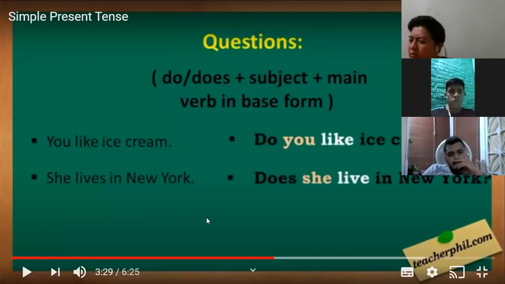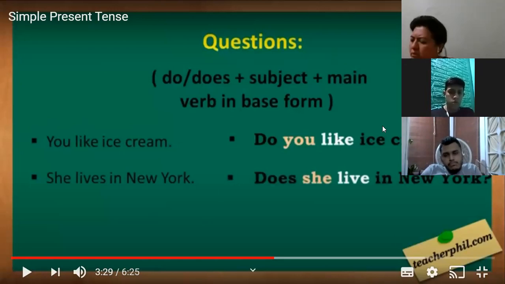Okay. So this is the structure for questions, right? We start with the auxiliary, do or does, of course, depending on the subject you have. Plus subject plus the main verb, it means that you don't change it, right? In base form.